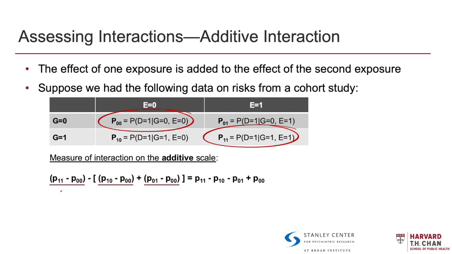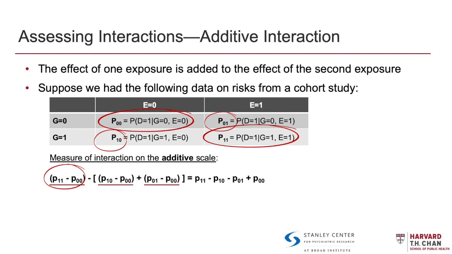So if we subtract the underlying risk from the risk in the presence of both exposures, P11 minus P00, and then subtract from that the risk in the presence of an environmental risk factor only, which is P01, or the risk of the outcome only when the genetic risk factor is present, P10.